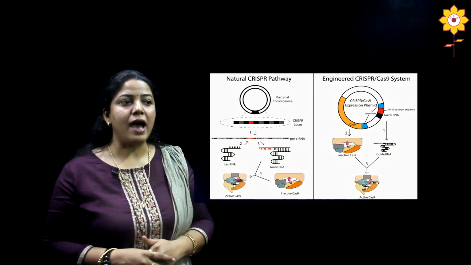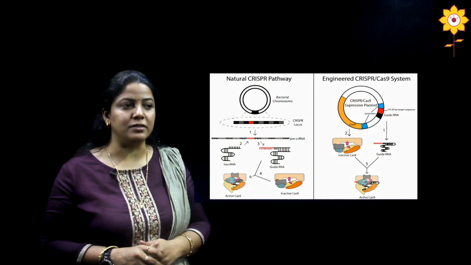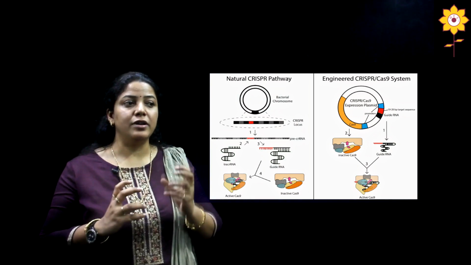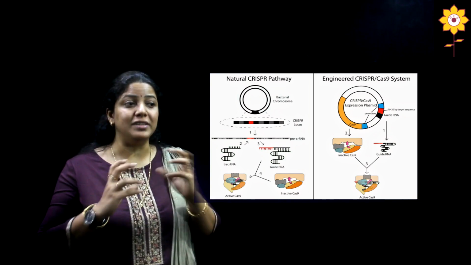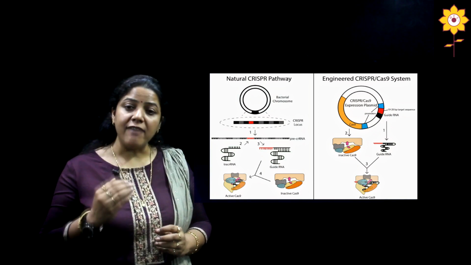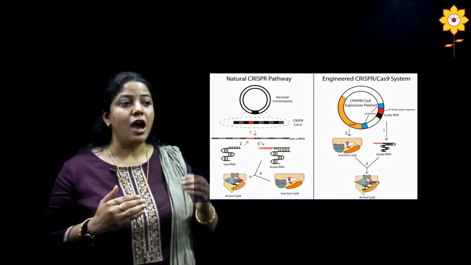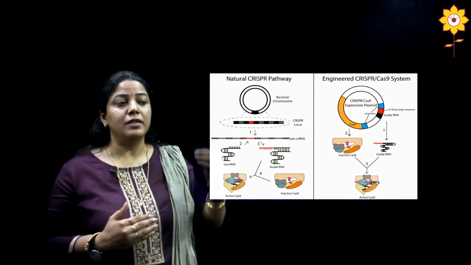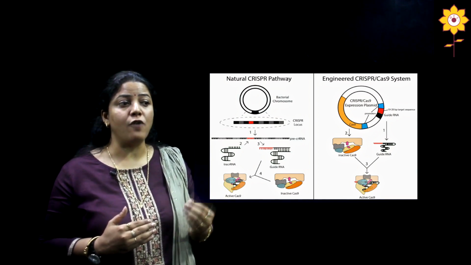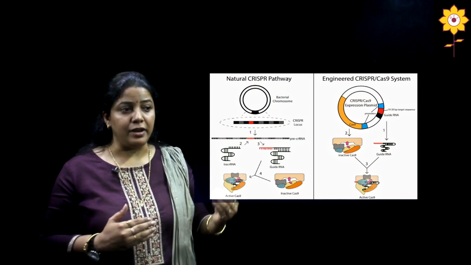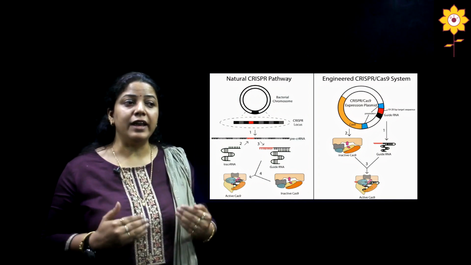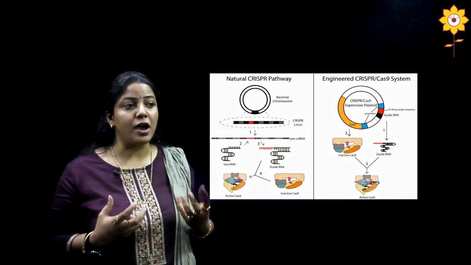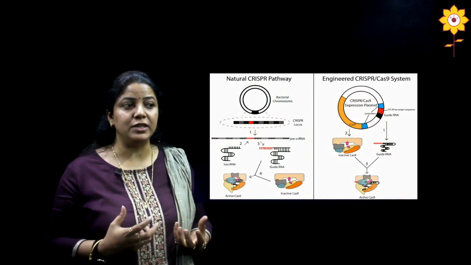In the engineered CRISPR-Cas system, there is a plasmid which is designed in such a way that it has the genes for your Cas9. Along with that, it has the genes that will help in expression of a single guide RNA. These are expression plasmids which carry the promoter sequences.